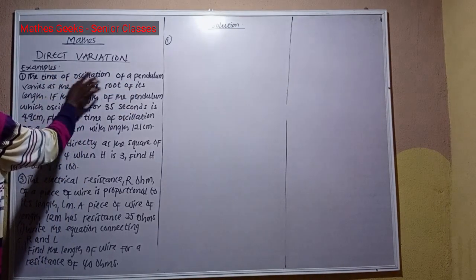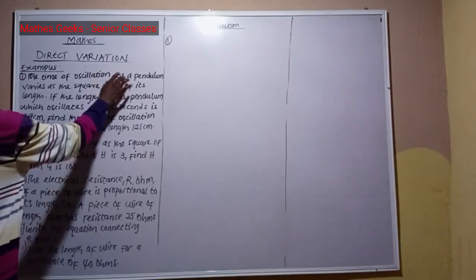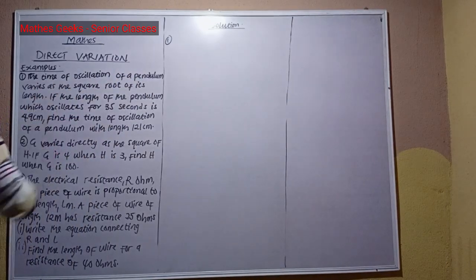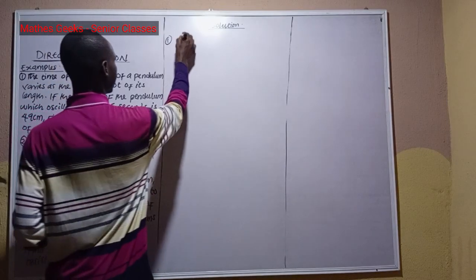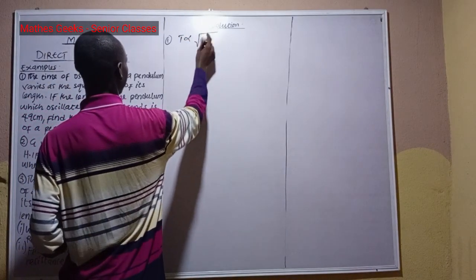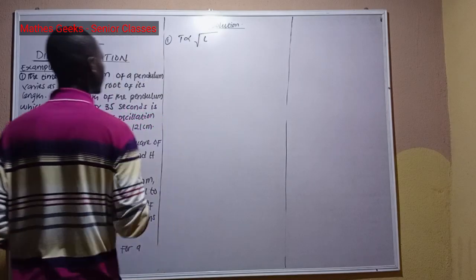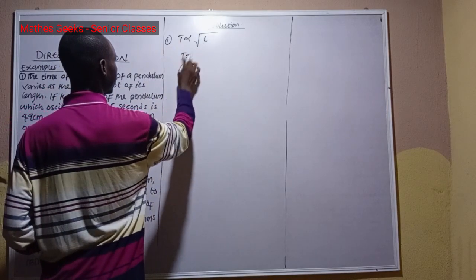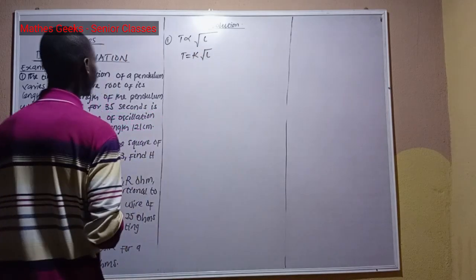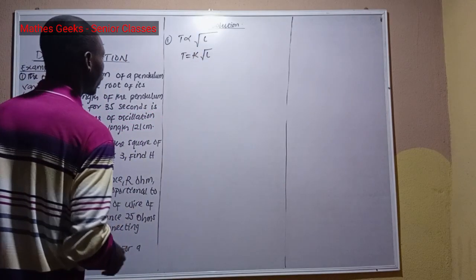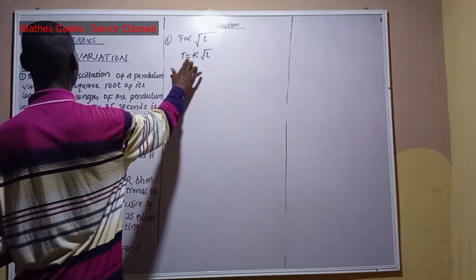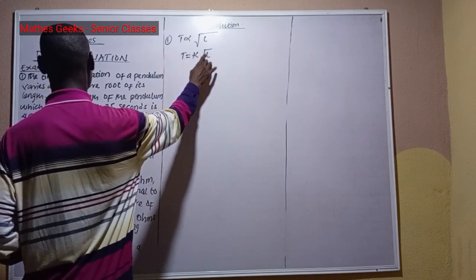So time T varies as the square root of its length. So T equals k square root of length. The next thing is to look for the constant of proportionality, which is k. Now to do that, let's look for the values of T and that of length.